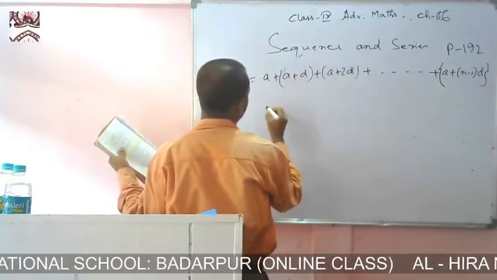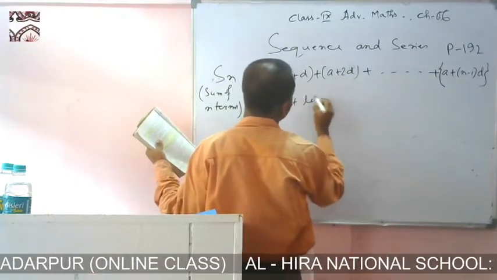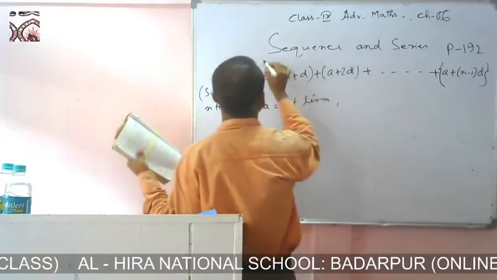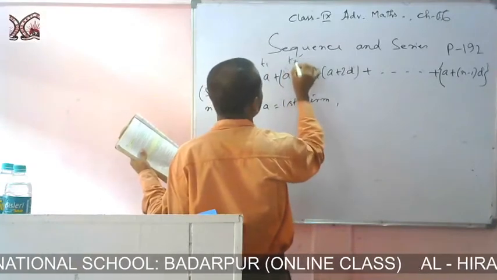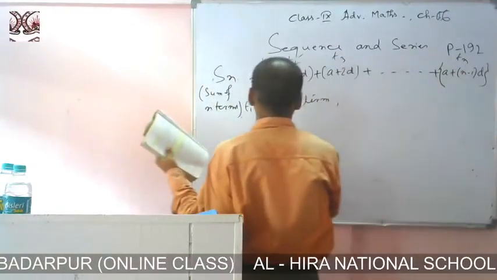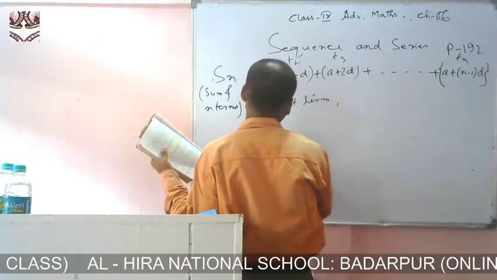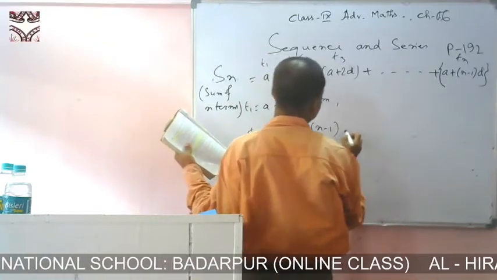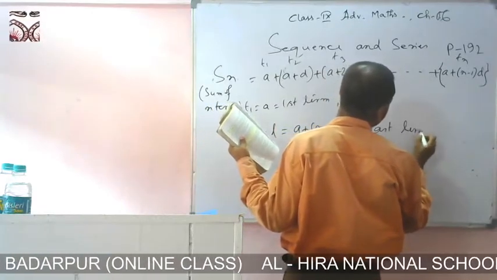A is the first term, and this is T1 or a, T2, this is T3, and this one is Tn, and Tn is equal to the last term L, which is equal to a plus n minus 1 into d. This one is the last term.